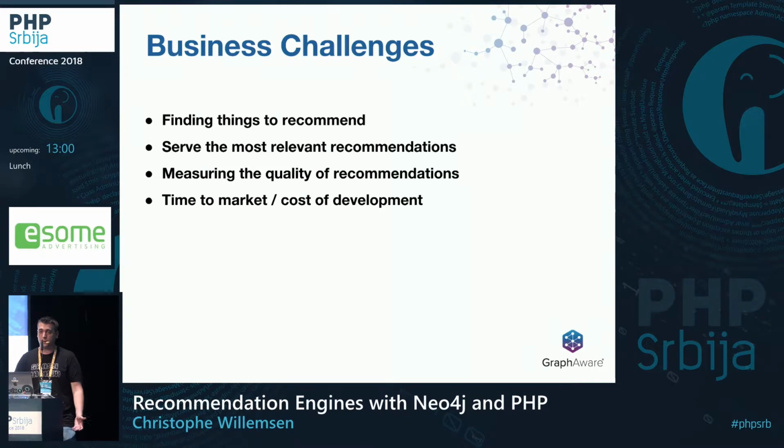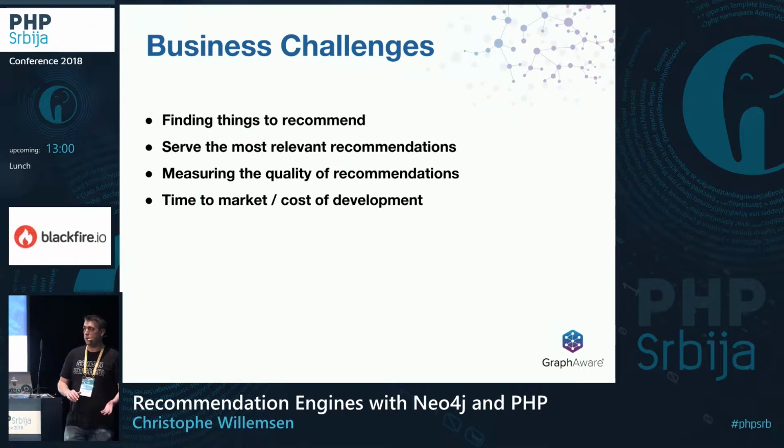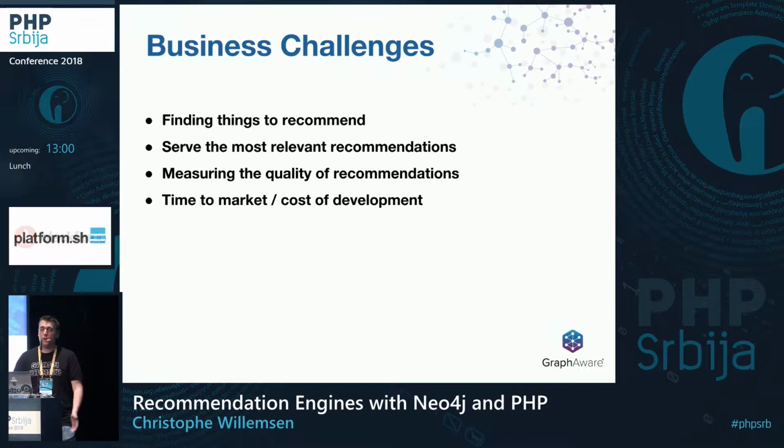It is very important to measure how your users are interacting with your recommendations. The last challenge is time to market and cost of development. This is where using the right technologies to build the recommendation engines helps companies to develop faster.